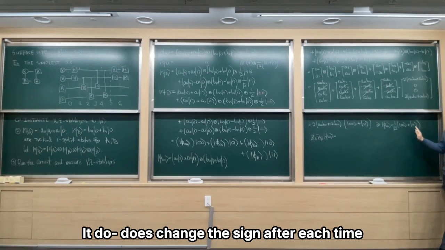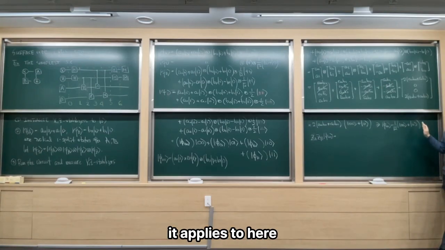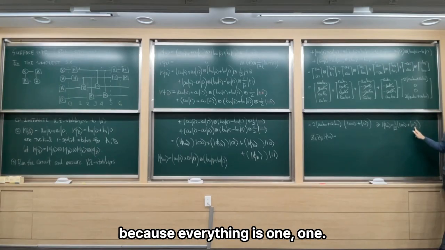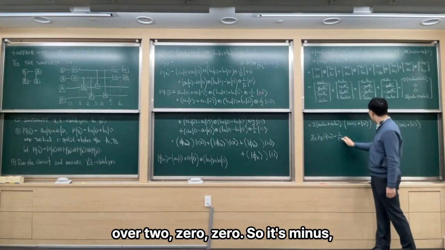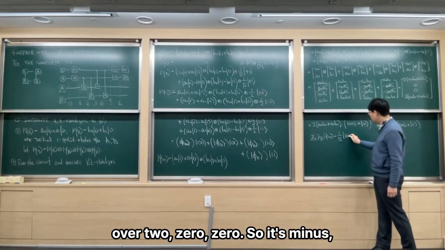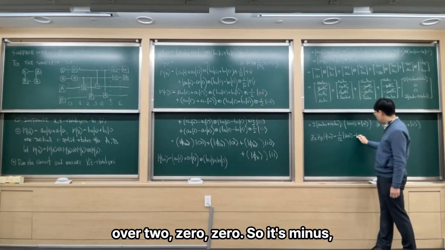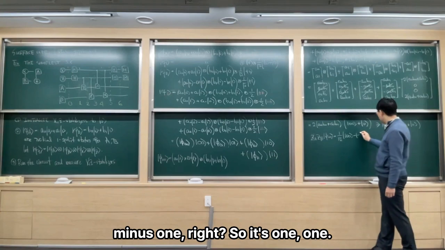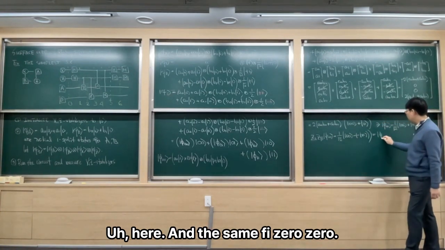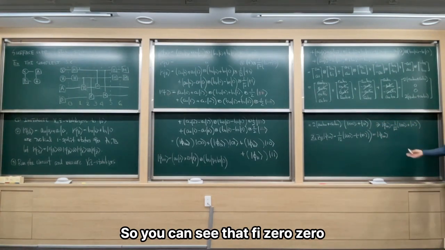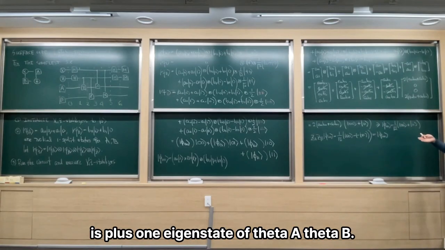It does change the sign each time it applies to 1, 1, but there is minus 2, minus 1, so it's still plus. So it's going to be the same 1/2, 0, 0 plus 1, 1, and it's the same phi 0, 0. So you can see that phi 0, 0 is plus 1 eigenstate of ZA, ZB.